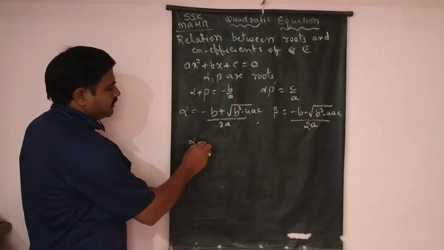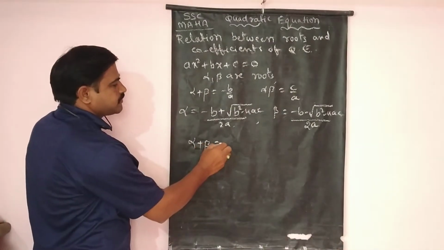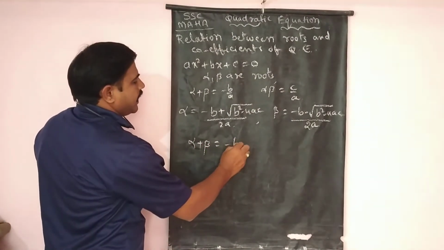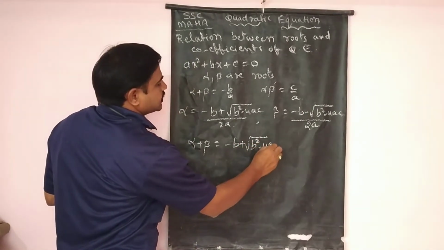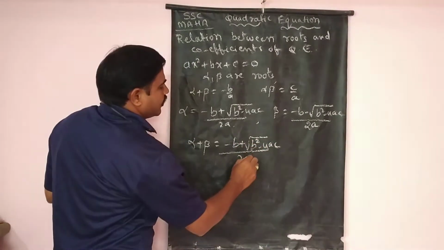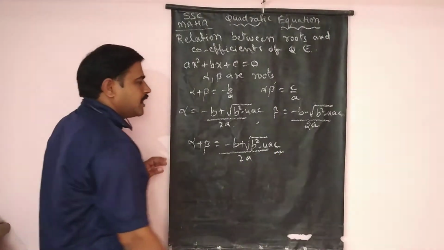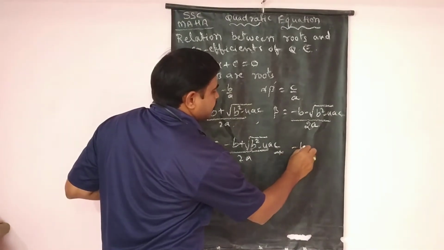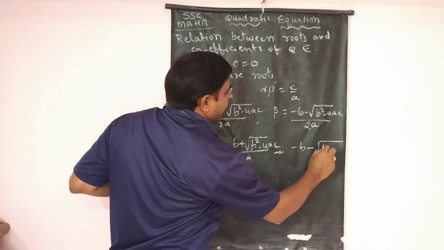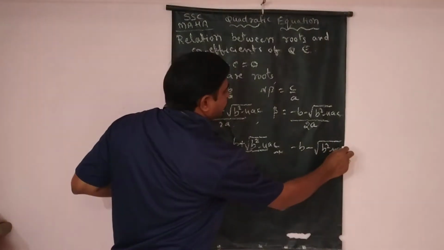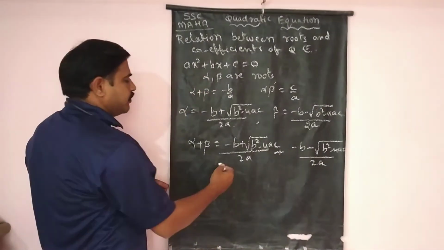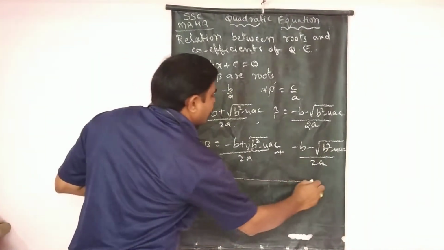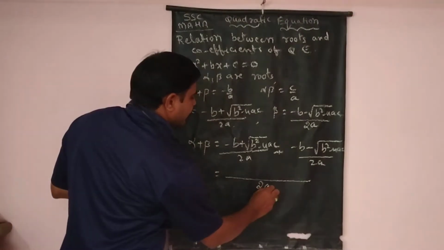Alpha plus beta is equal to minus b plus square root of b square minus 4ac by 2a, plus minus b minus square root of b square minus 4ac by 2a. Both denominators are the same, 2a is a common denominator.